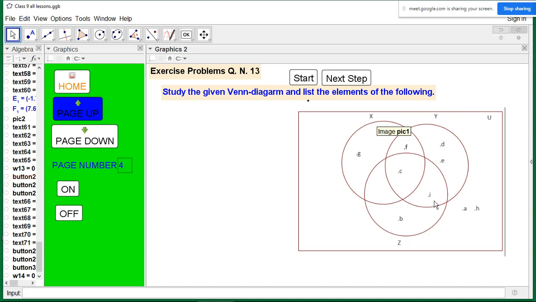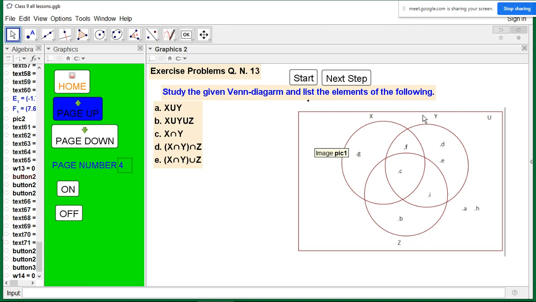Now moving to the next questions, dear students, let us discuss X union Y. I believe you don't have any problem. X union Y union Z, there is also no problem, I guess. X intersection Y, also no problem. Can you tell me the elements of X intersection Y?